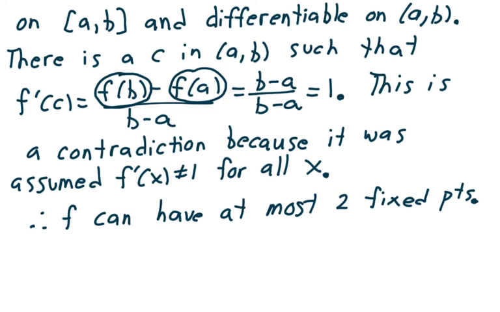And remember, A is less than B. So f of B minus f of A over B minus A is B minus A over B minus A, and that's 1. And this is a contradiction because it was assumed f prime of x is not equal to 1 for all x. And so therefore, f can have at most one fixed point.